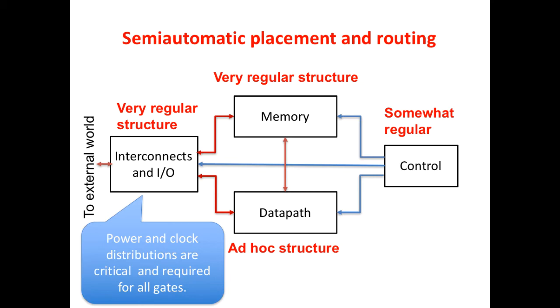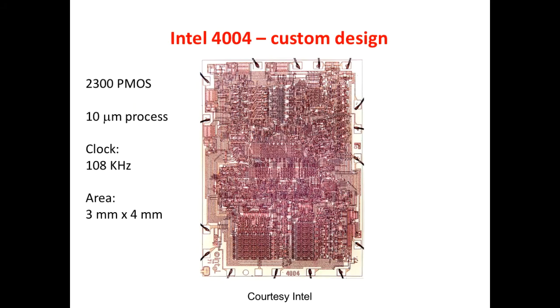Just for example, this is the 4004, the first microprocessor. I've already shown this figure, but just to see the image again, this had a little bit more than 2,000 transistors and was 3 by 4 millimeters in area.